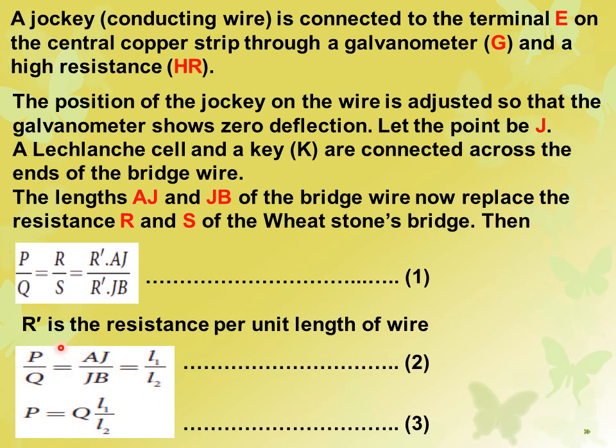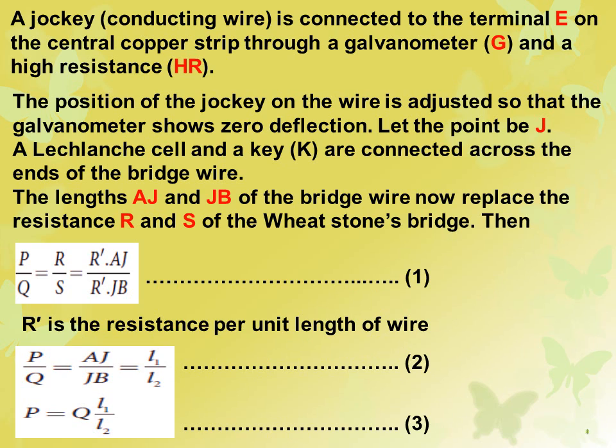Here R dash is the resistance per unit length of wire. Therefore P by Q is equal to AJ by JB, which is L1 by L2, and P is equal to Q into L1 by L2.